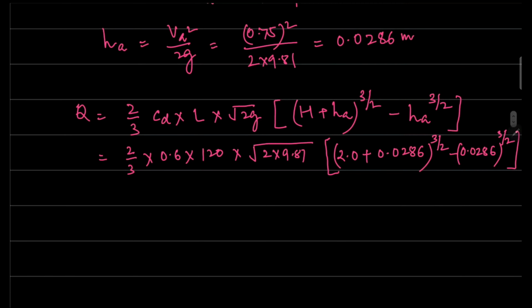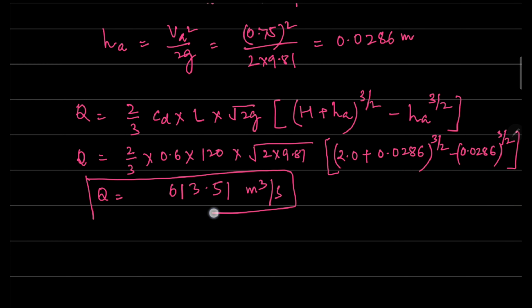So let's quickly solve this problem. So the simplification of these values gives the Q value of 613.51 meter cube per second. So that is our answer.